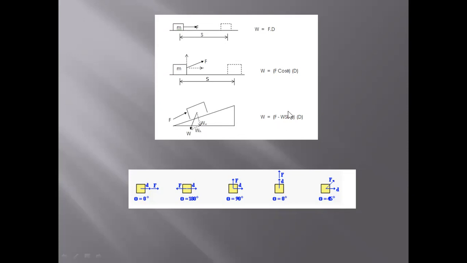So to get now the summation of forces with respect to this inclined x-axis gives us F minus W sine theta, and then this quantity is multiplied with the amount of displacement.